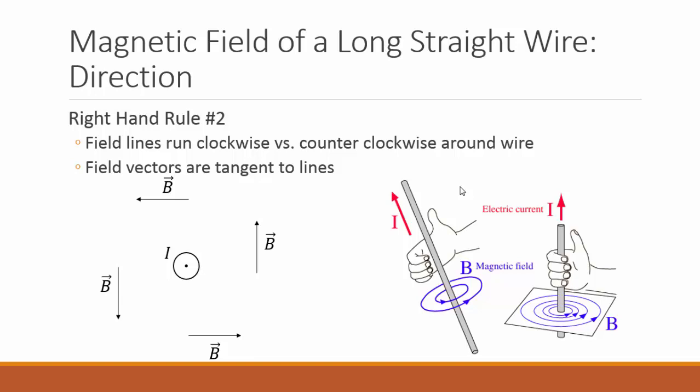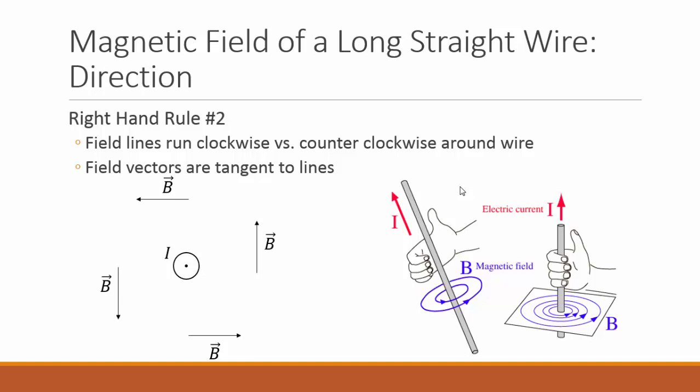There's a similar pattern here, but it's much more complicated, and you have to use a right-hand rule to figure out the direction. Then we'll separately give you a formula for the magnitude of the magnetic field at some distance from the object that creates it, in this case, a current carrying wire. So let's talk about how to do this right-hand rule.